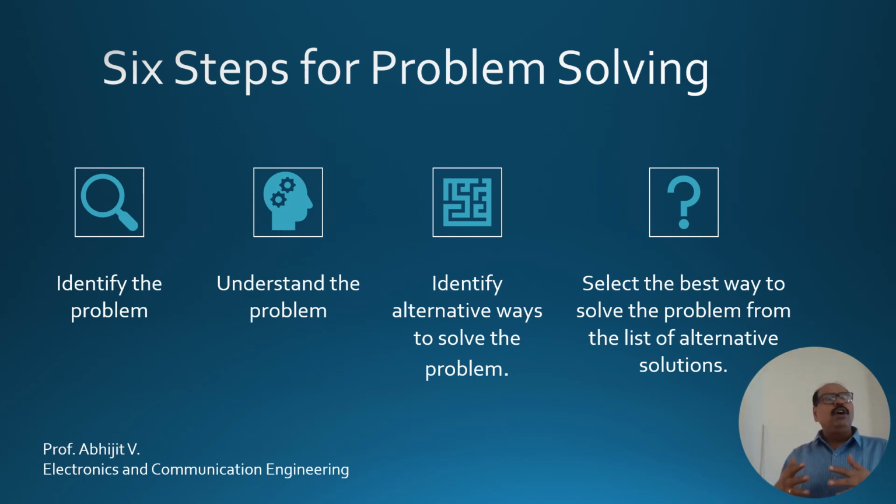In order to solve this real-time problem, there came solutions like LinkedIn, Facebook, Instagram. They wanted to bring out networking among people who wanted to do the same kind of job or profession or whatever it is. So the first thing that we face is that we have to identify the problem correctly.